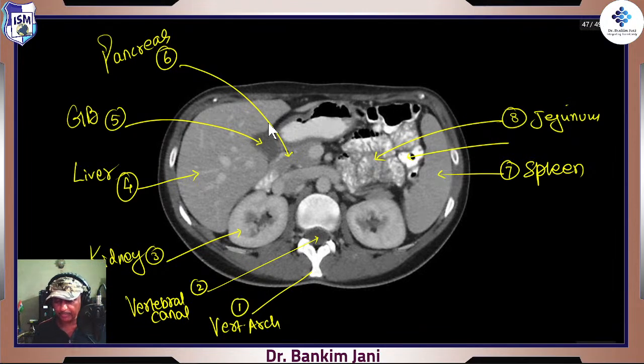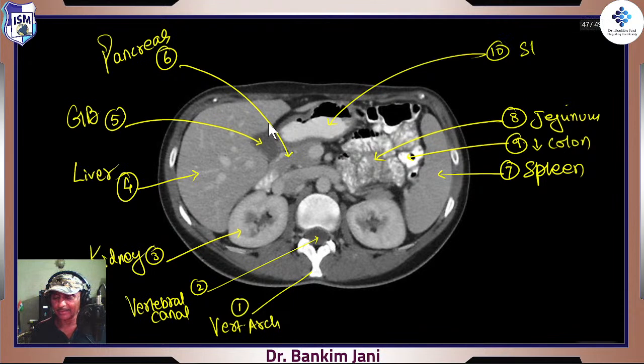Such a big wide bore structure has to be the descending colon. Let's write it like this, descending colon. And we just can't forget this organ, that is the stomach.